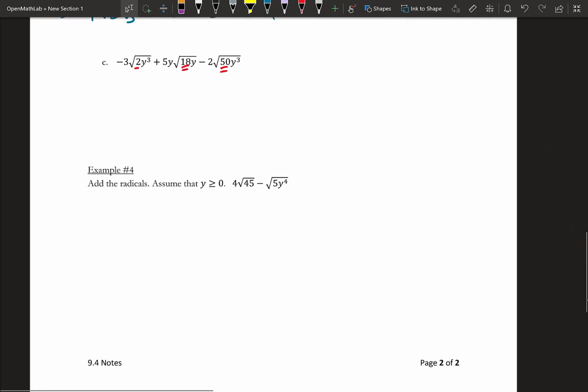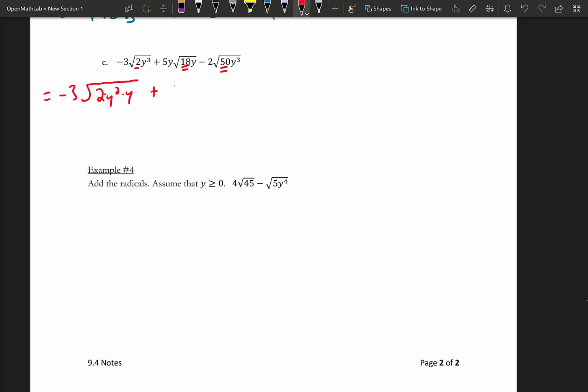So when I come back over here, I would have negative 3 times the square root of 2 times the square root of y cubed. Well, actually, let me do something else first. Let's do minus 3 times the square root of 2y squared times y. So I'm just rewriting 2y cubed as 2 times y squared times y, right?